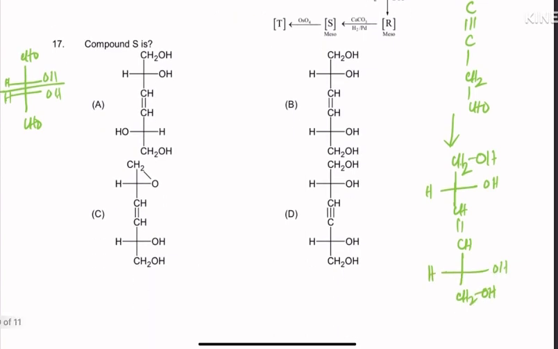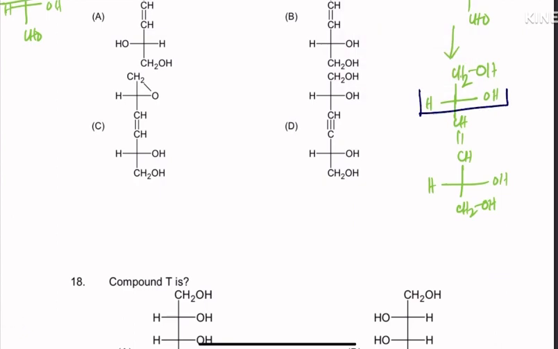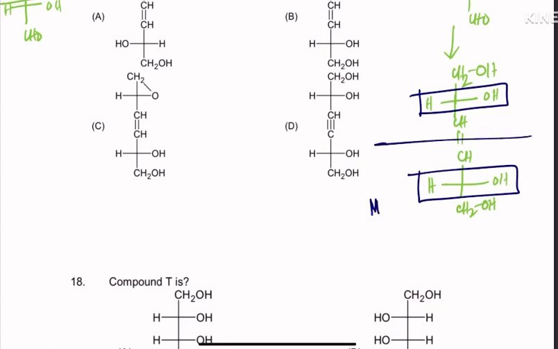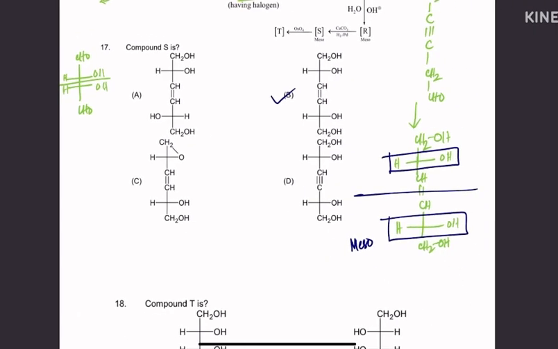HOH is on the right side, HOH right side, if I pass a plane, it will be a meso compound. So this is the correct answer. You check the answer: HOH is the same side and CH2OH is above and below, so this is the correct answer. You need to find meso compounds like this only.